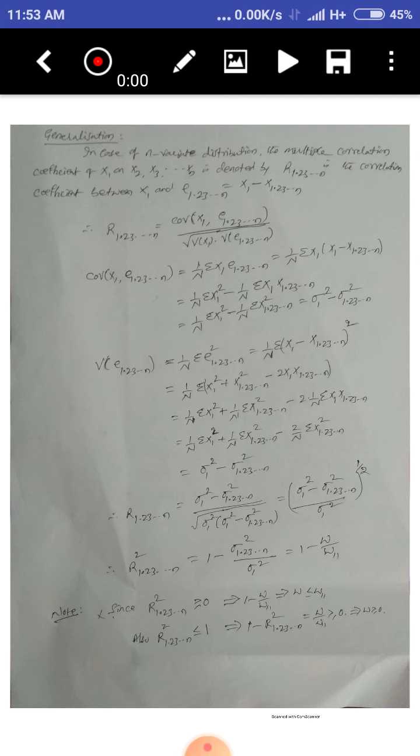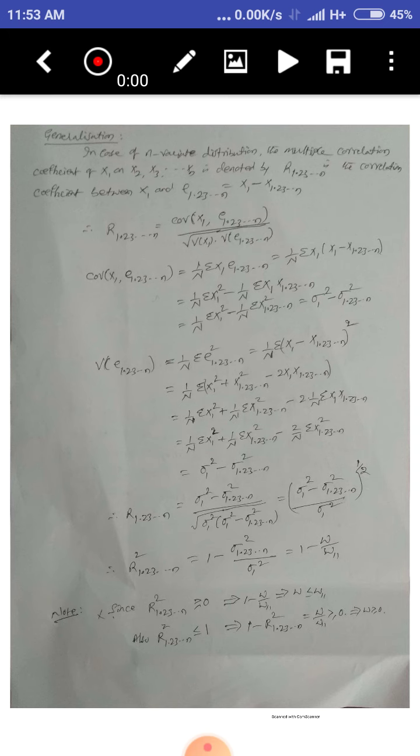And 1 upon n summation x1 square is sigma 1 square, so this gives sigma 1 square minus sigma 1.23 square. This is the value of covariance between x1 and E1.23.